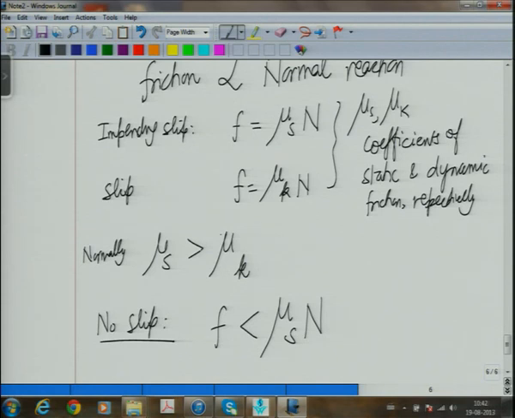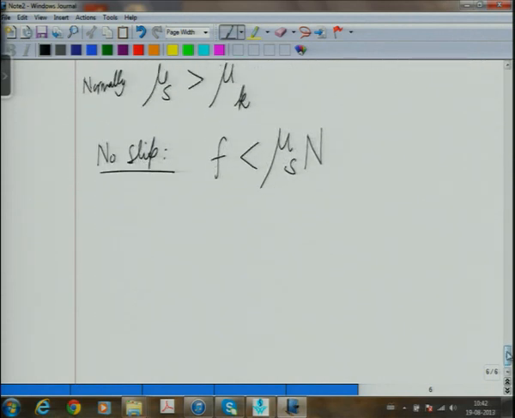For no slip, F is not equal to mu N, it is less than mu N, so there is no relation between F and N. Both of them are two different unknowns and you have to count them as two unknowns. That is how you will have to use this when you use our equations, and you have to keep this in mind. Now let us try to illustrate this with some simple examples.